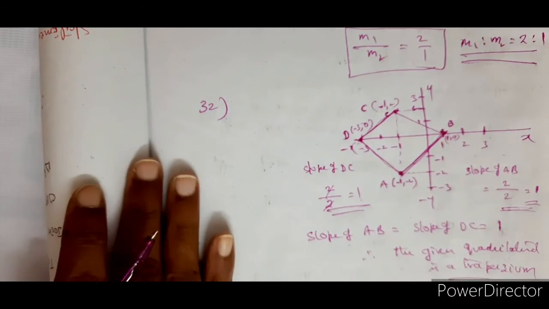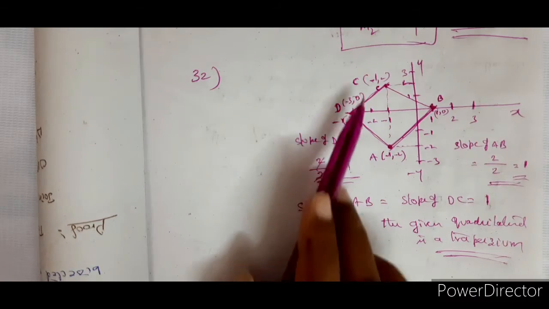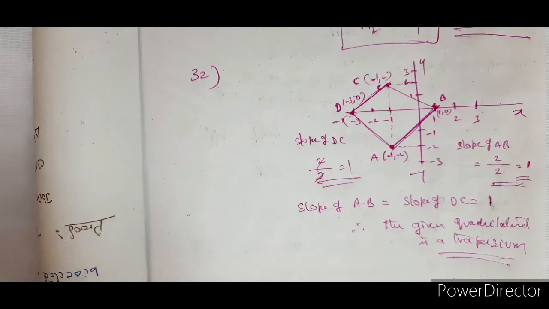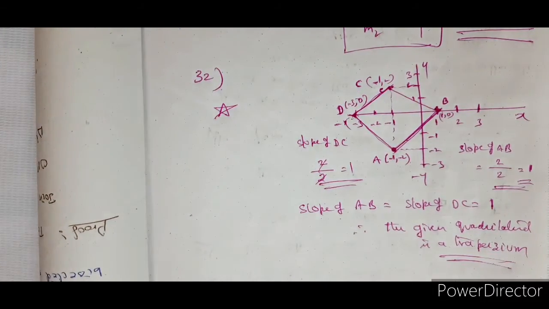Because in a trapezium you don't need any side to be equal to the other side. The only condition is that any two opposite sides will be parallel to each other. So that condition is satisfied. Very, very important question, children. So please go through this one and don't neglect this kind of problems.